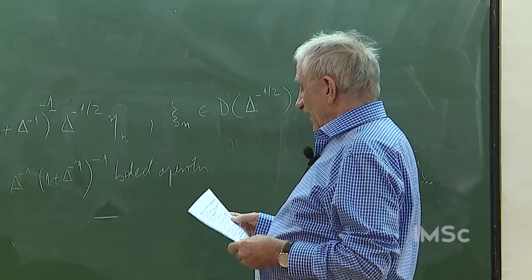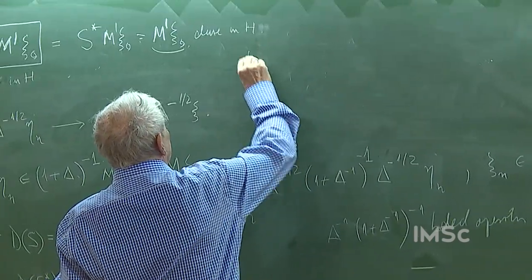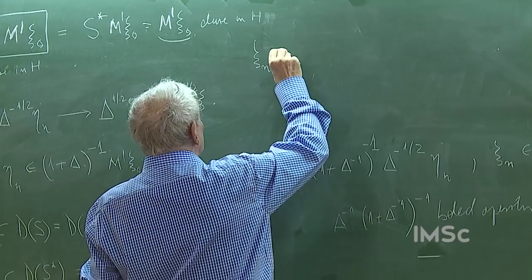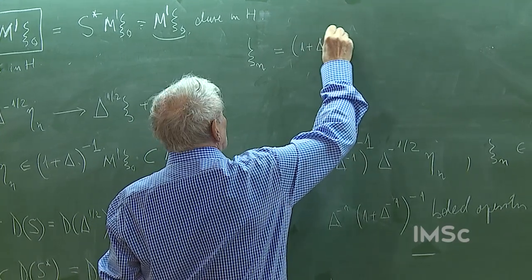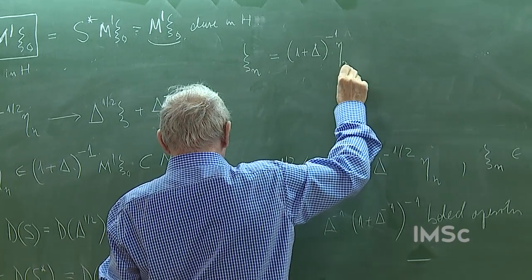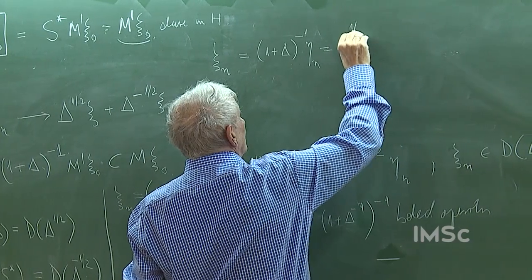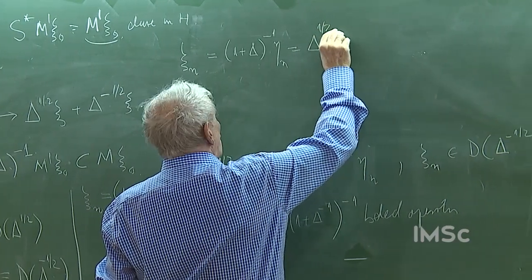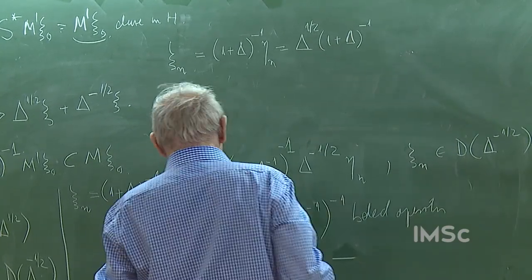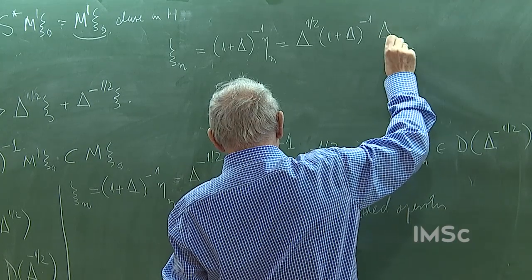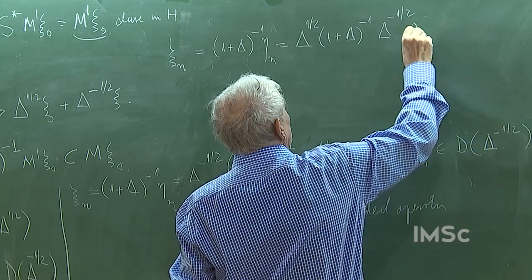Okay. Now, with this thing, we have the following. I have psi n is equal to 1 plus delta to power minus 1 of eta n. This is delta power 1/2, 1 plus delta to power minus 1, delta minus 1/2, eta n.